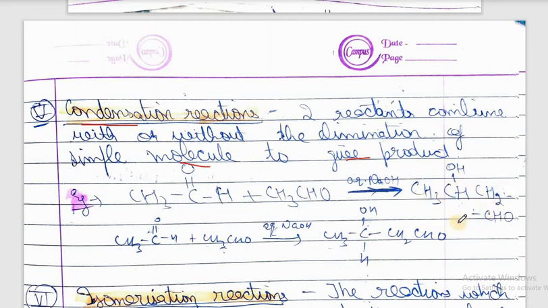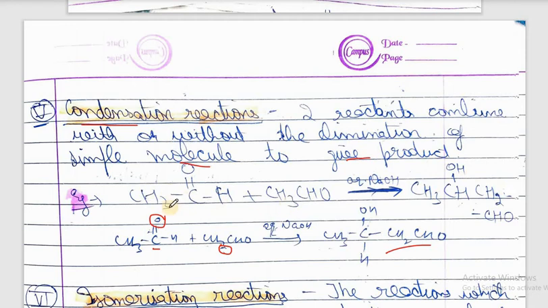In this, the carbonyl oxygen of the first molecule is changed into OH, that is, one hydrogen moves to it and an OH group is formed, and the other moves downwards and CH2CHO combines here. So it is a condensation reaction in which two reactants combine with or without the elimination of simple molecules.